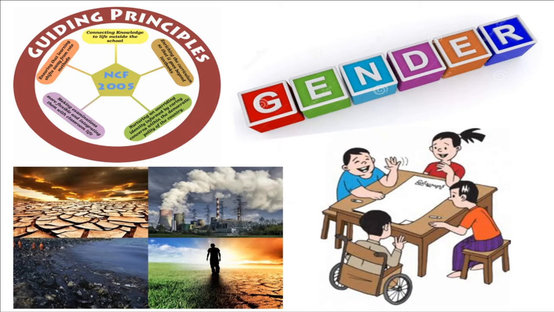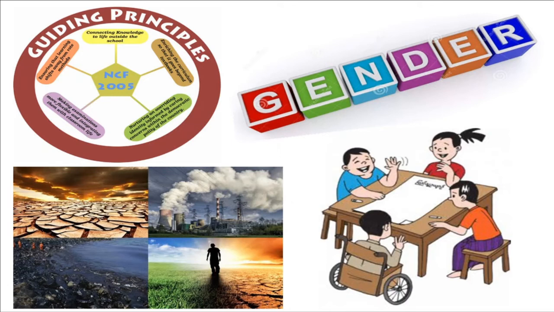Gender and inclusive perspective should also be addressed in the textbook. The requirements of children with special needs should be considered in making the text. Environmental issues and concerns should also be given priority in the textbook, and so on.